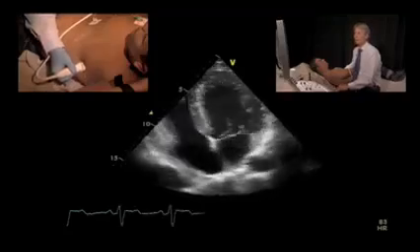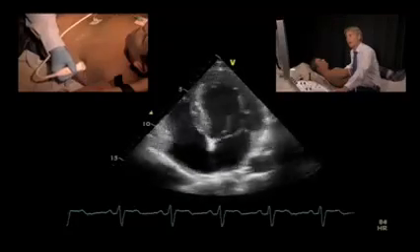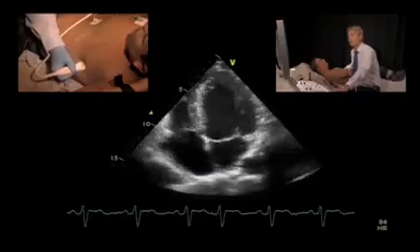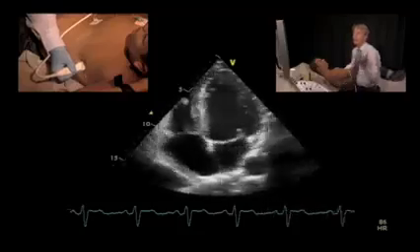The left ventricular function was calculated with 67 to 72%. So altogether we have signs of volume overload. And this together with the color Doppler and the continuous wave Doppler will then lead us to the diagnosis or to the severity of aortic regurgitation.